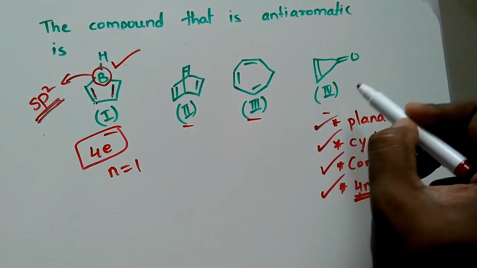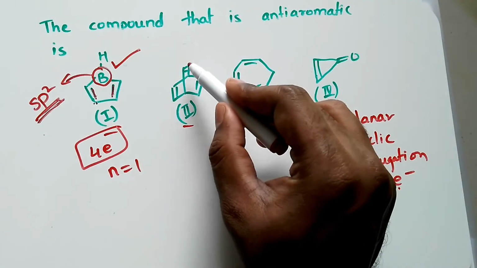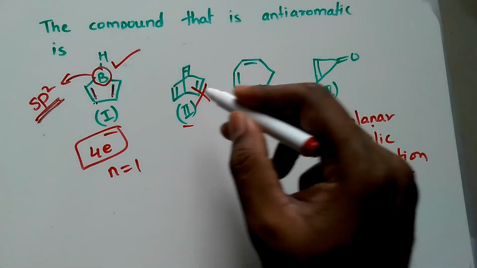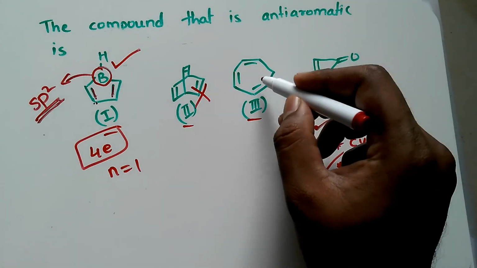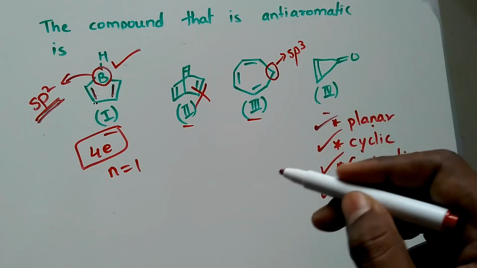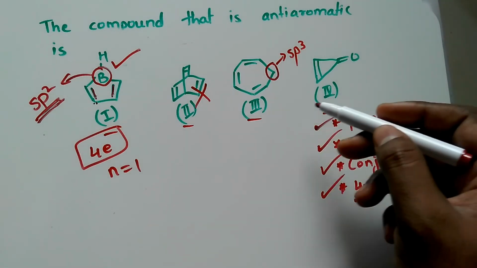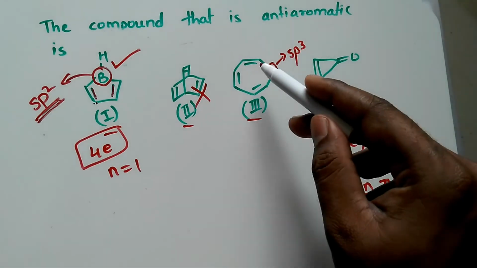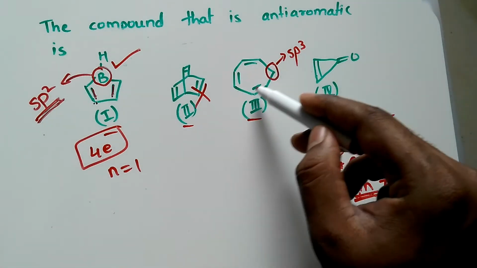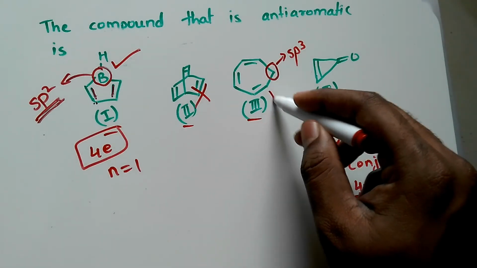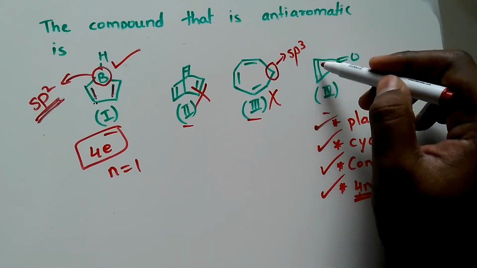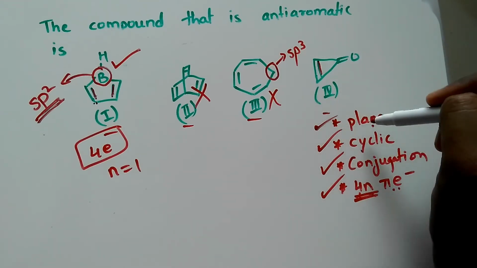What about the other three? In this case, if you observe carefully, it is not a planar structure. Planarity is not there, so it will not be anti-aromatic. Now regarding this carbon, it is sp3. You can check my video on hybridization. Because it is sp3 hybridized, delocalization of these electrons is not possible. They will not move around the ring, so it will not be anti-aromatic. Regarding this one, it has a planar structure, yes.